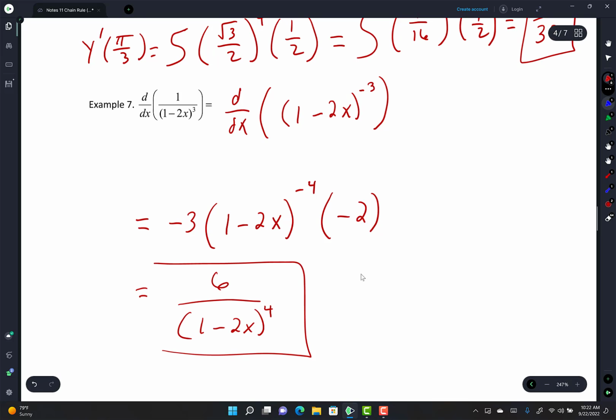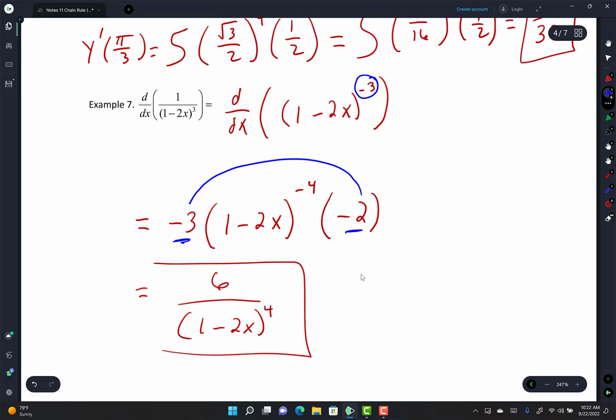Oh, you see these two numbers right here, -2 and -3? The -3 is in the numerator, the -2 is in the numerator, because there's no exponents next to it. So -3 times -2 is a positive 6. I got the -3 from the power rule right there.